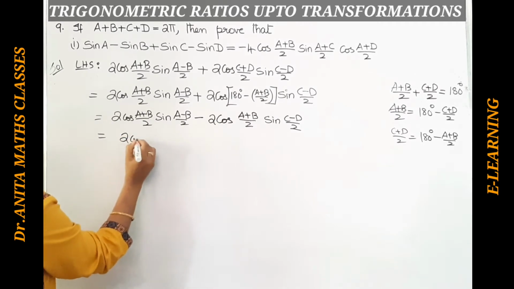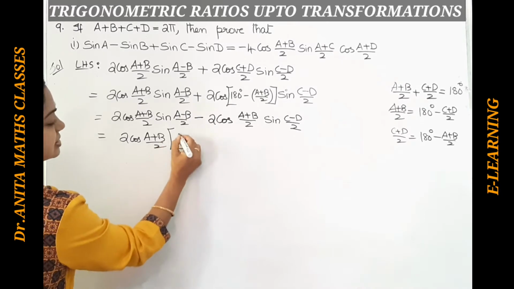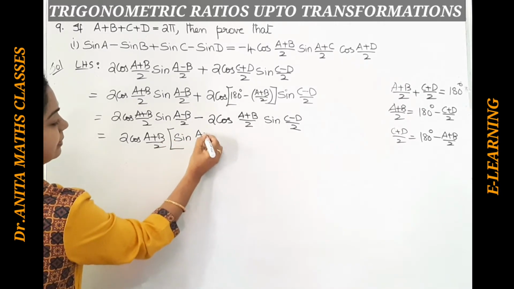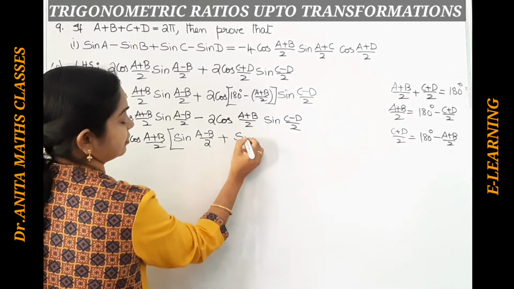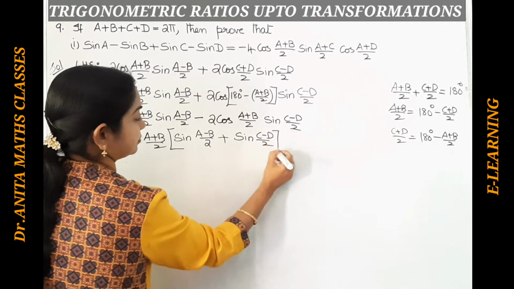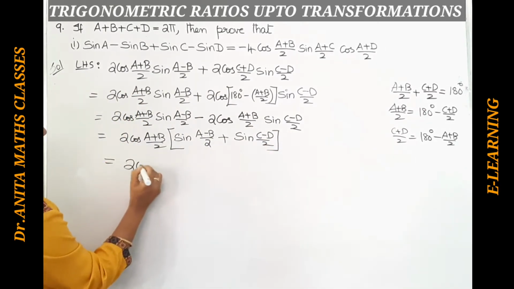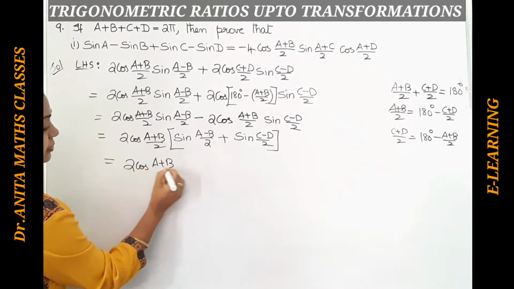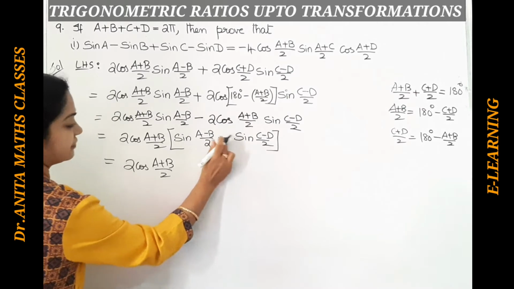If I take 2 cos A plus B by 2 common, this becomes sin of A minus B by 2 plus sin of C minus D by 2. Yes. Here this is minus, sorry, here this should be a negative sign.